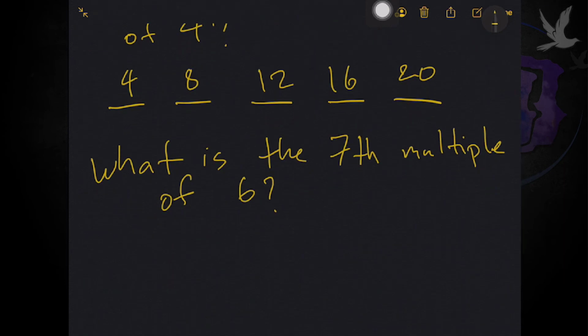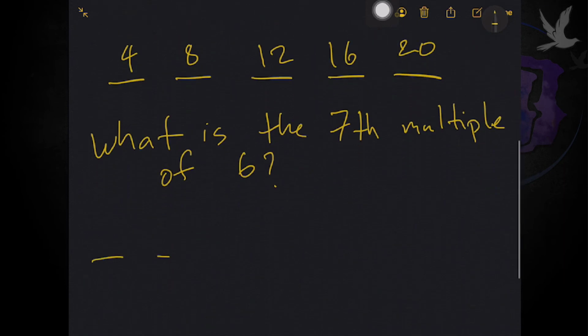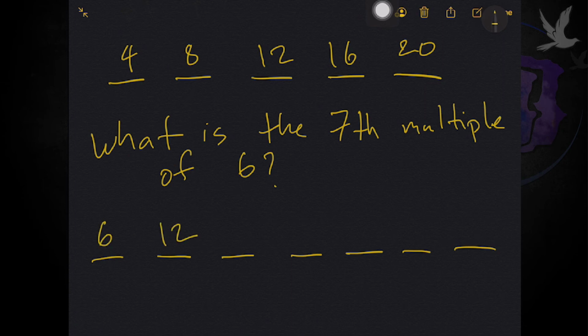It's technically the 7th multiple. So we have the first, second, third, fourth, fifth, sixth, 7th. Okay, that's an ordinal. So starting with 6, we have 6, 12, 18, 24, 30, 36, and then we now have 42.